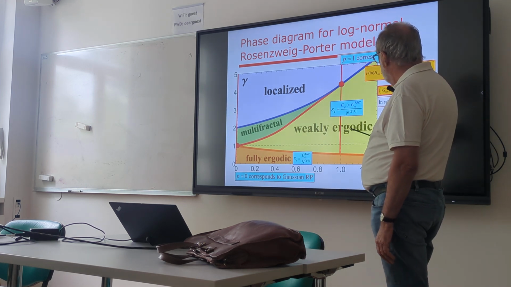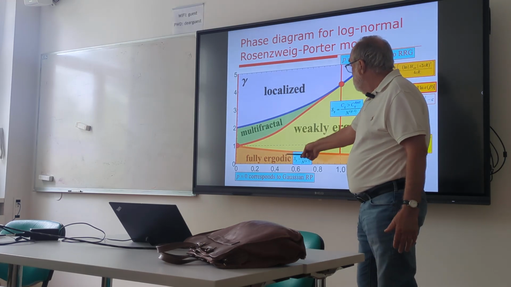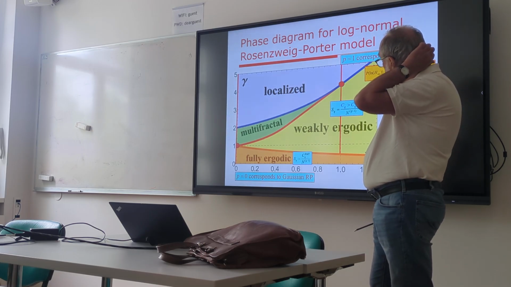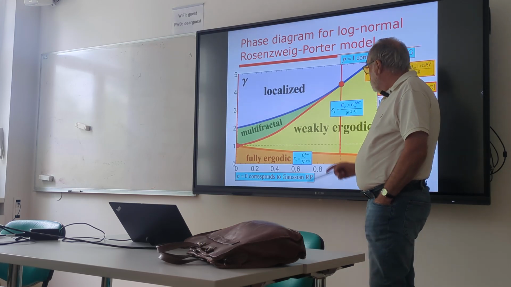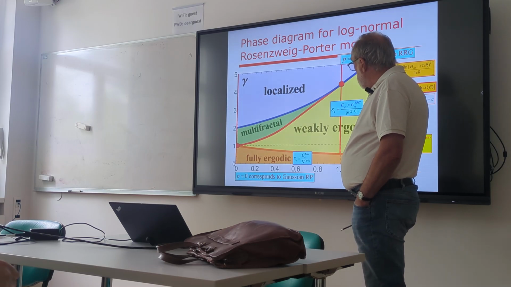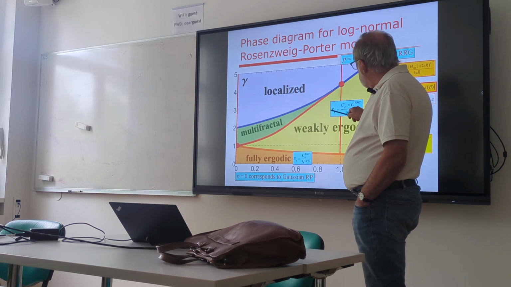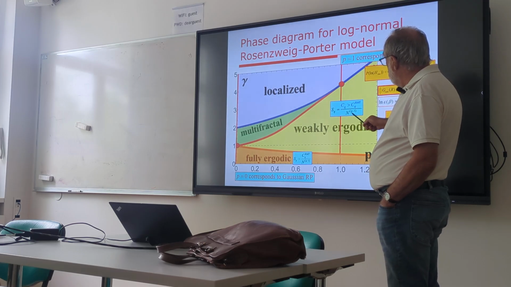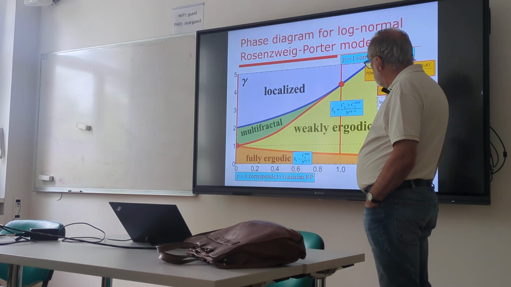As I said, what is the weakly ergodic case? How to find out that we are not in a fully ergodic, but in the weakly ergodic phase? It would be very interesting to see what happens to the eigenfunction thermalization hypothesis, but this is not known so far. And what is known is the following: when I compute the entropy, then this entropy is inversely proportional to N to the q minus 1, which signals that the fractal dimension is 1.